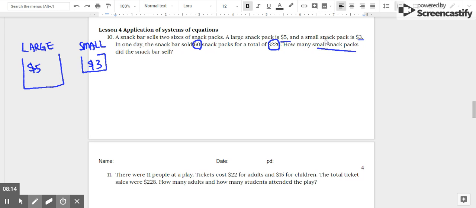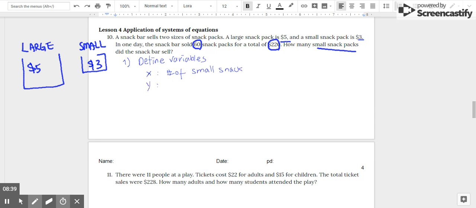So the first step, we need to define variables. So I'm going to use x for the number of small snacks the snack bar sold, the small snack.